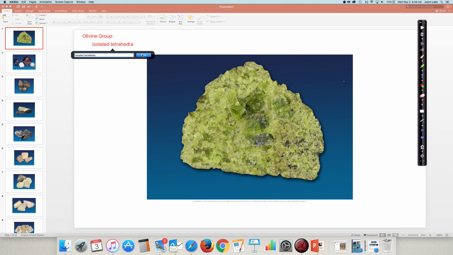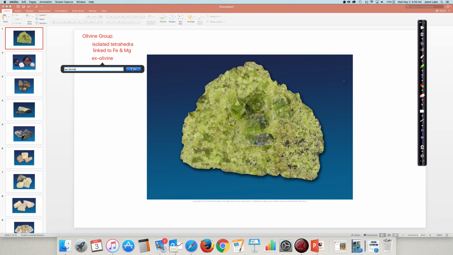With the different types of silicates I talked about in the previous lecture, this is isolated tetrahedra, and the isolated tetrahedra are linked to iron and magnesium. So it has a lot of iron and magnesium in it relative to some of the other silicates in this group. The example I gave you is olivine.